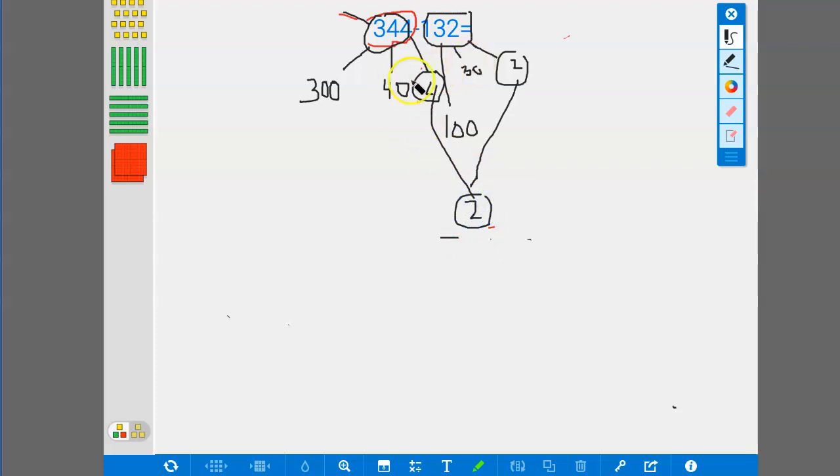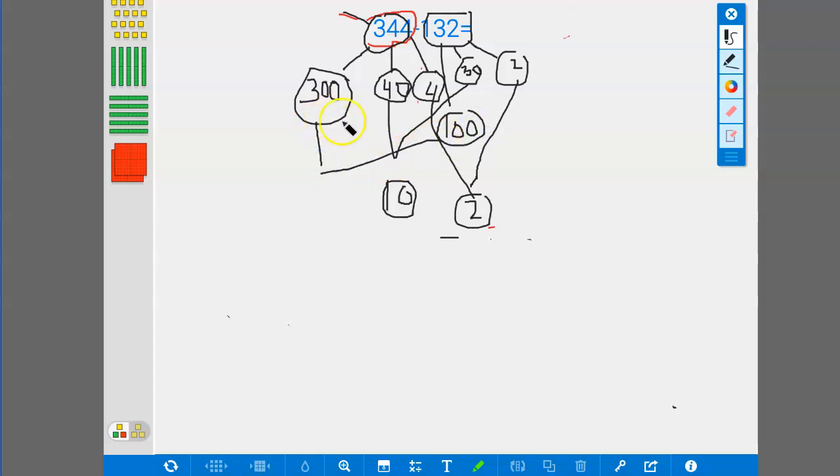Now I'm going to do 40 take away 30. 40 take away 30 is 10. And then I'm going to do 300 take away 100. 300 take away 100 is 200.